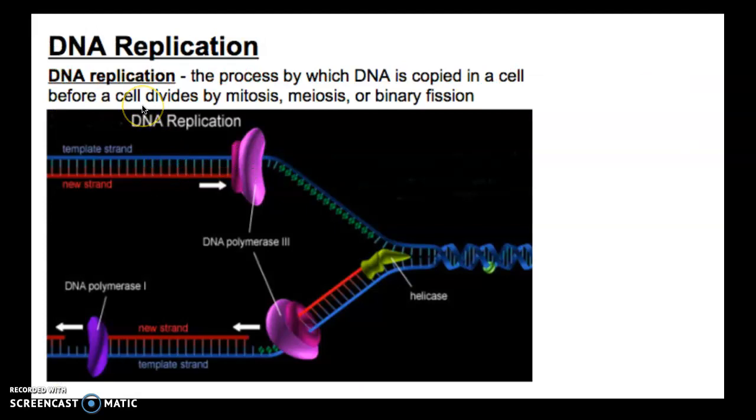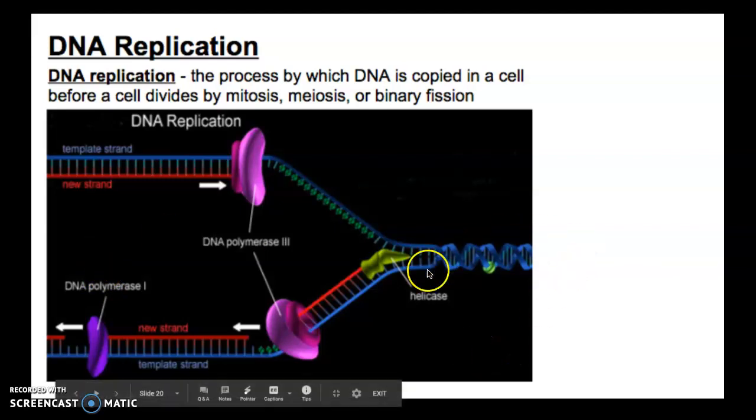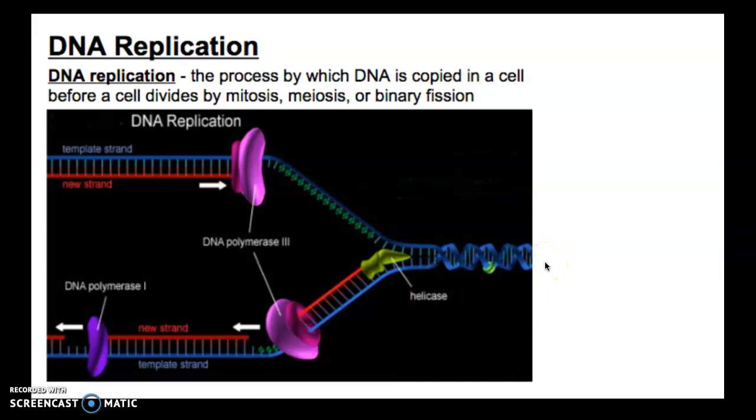Now, when we talk about DNA replication, I know this is going to seem confusing, but I want everyone to think real quick. This is what DNA looks like undisturbed. Double helix, base pairs all in the middle. Then there's an enzyme. How do I know it's an enzyme? Because it ends in what? A-S-E.